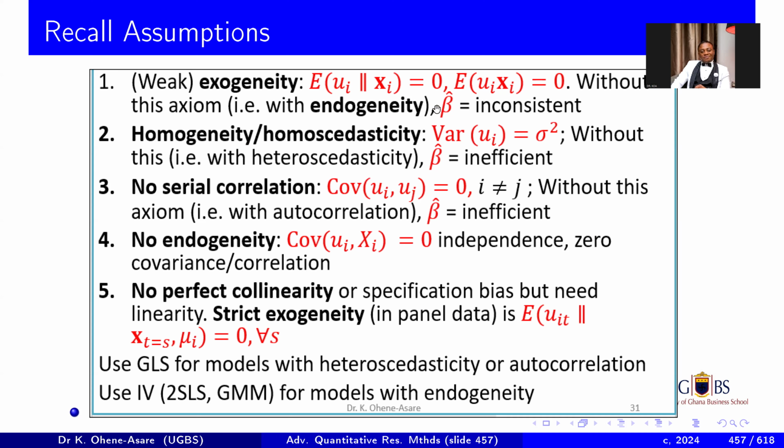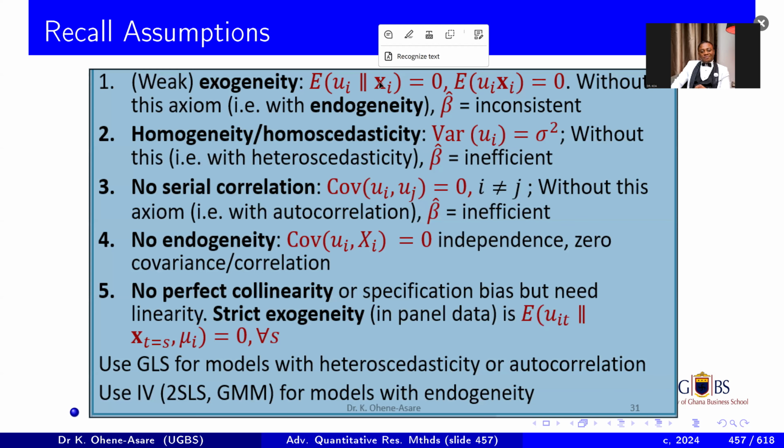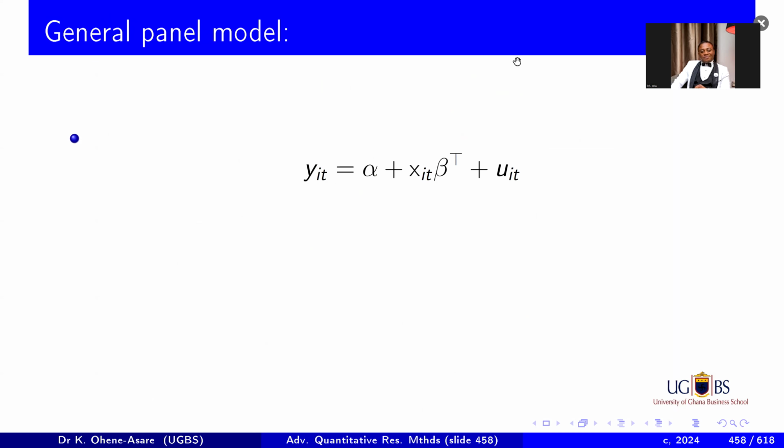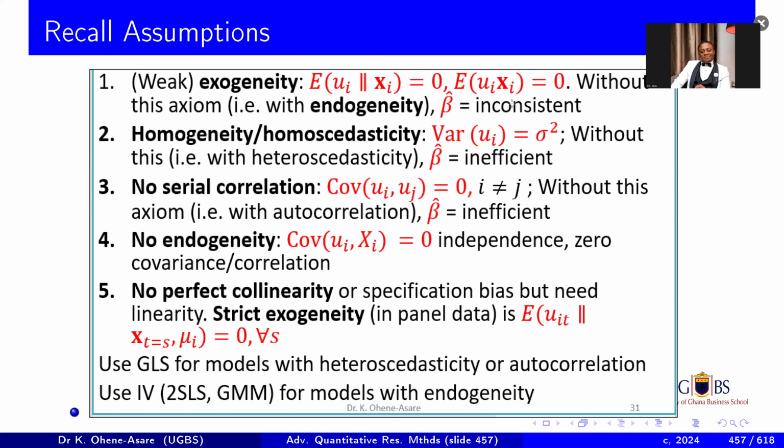This is what we knew before. But look at this one. The previous one was given that the independent variable is fixed. But this time, the expected value of the error, not given the independent variable, is also 0.